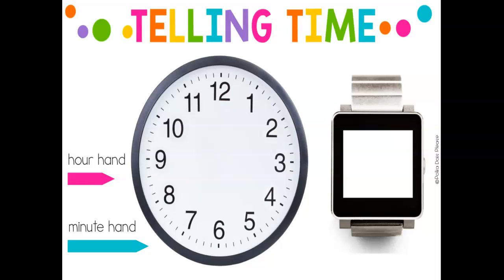We're going to look at our clock and tell time to the hour. First, we see the time is 5 o'clock. So let's see what that is going to look like on a digital clock. We see the hour of 5 and the minutes is 00, so we have 5 o'clock. We're going to come over here and put the hour hand on the clock.